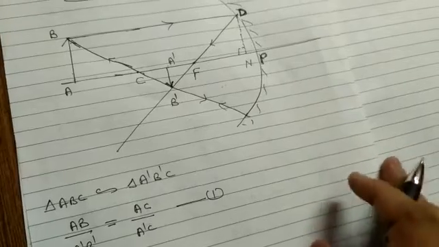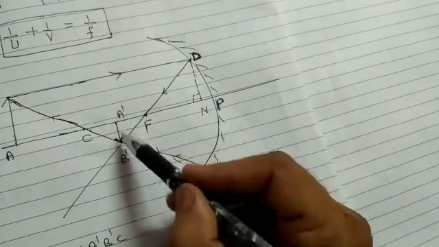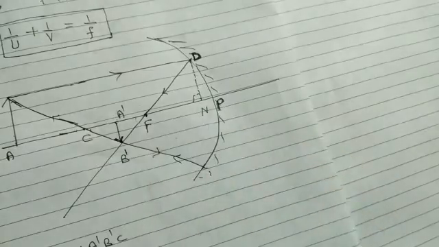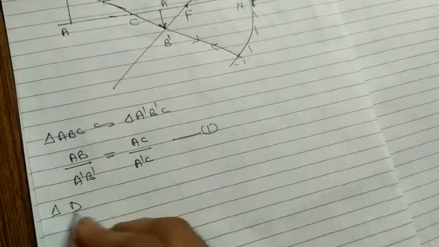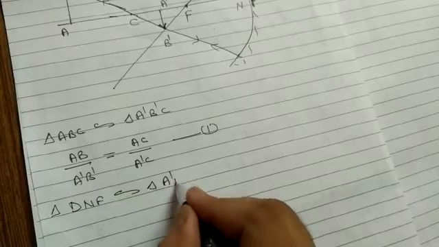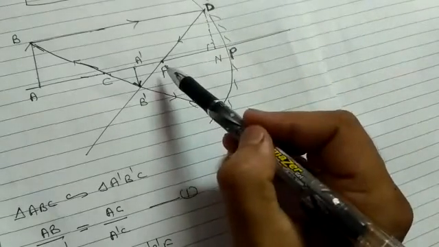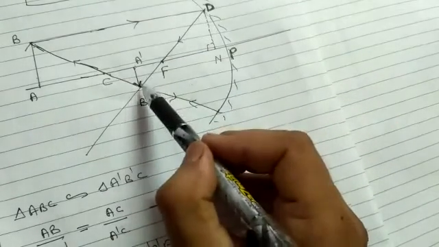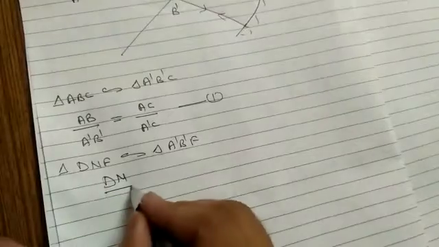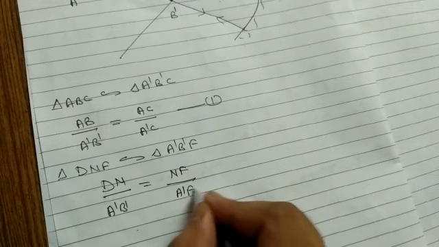Likewise, consider another pair of similar triangles: triangle DNF is similar to triangle A dash B dash F. At F the angles are the same. So the ratio of their sides, DN upon NF, equals A dash B dash upon A dash F. In short, DN upon A dash B dash equals NF upon A dash F.